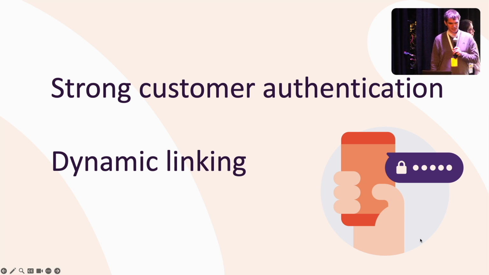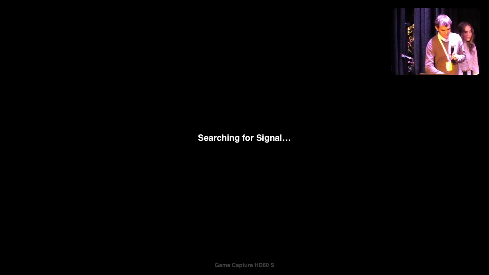And also, we must be able to provide a mechanism called dynamic linking. Not only must we make sure that the user is who we think it is, but we also must be able to prove that this user approved this particular payment transaction.